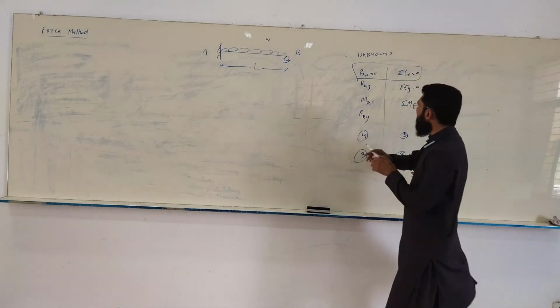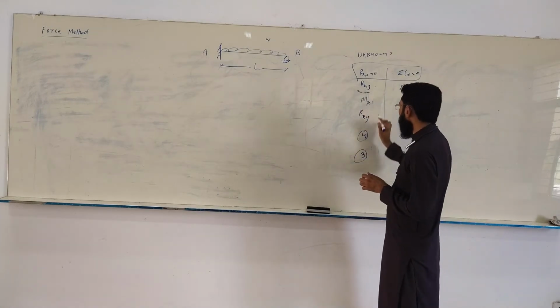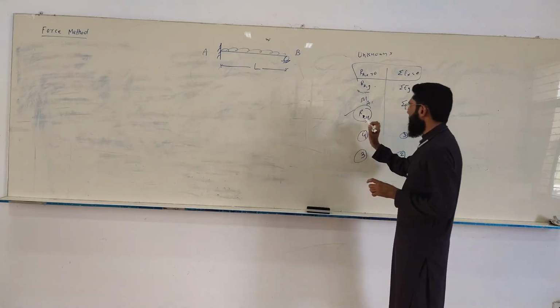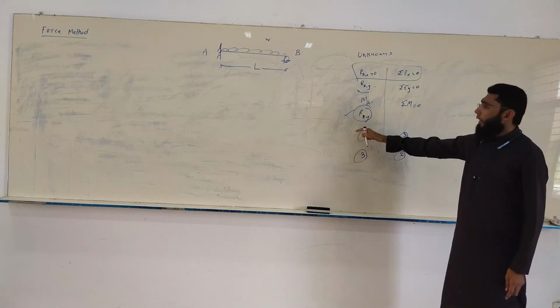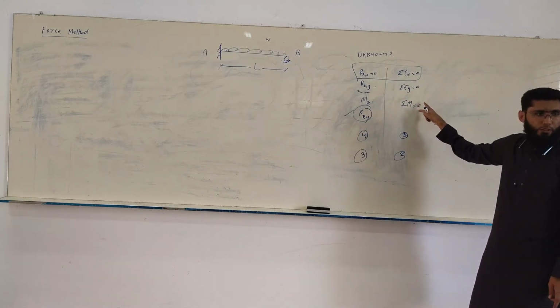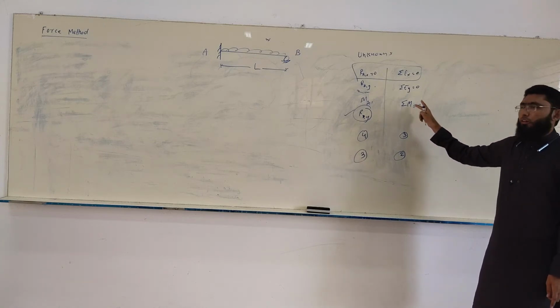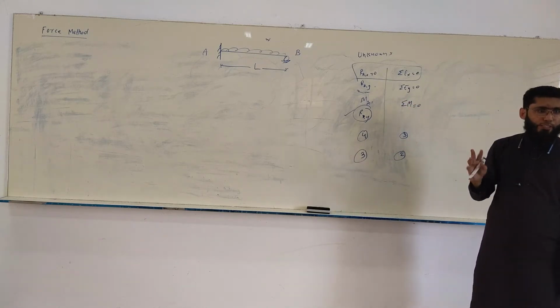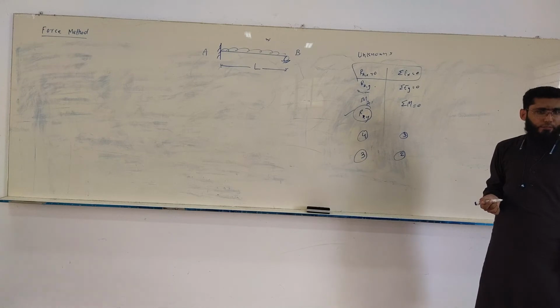For example, if I get to know this R_BY somehow without using equilibrium equations, I'll have 2 unknown reactions and 2 equilibrium equations, and it becomes a simple problem.